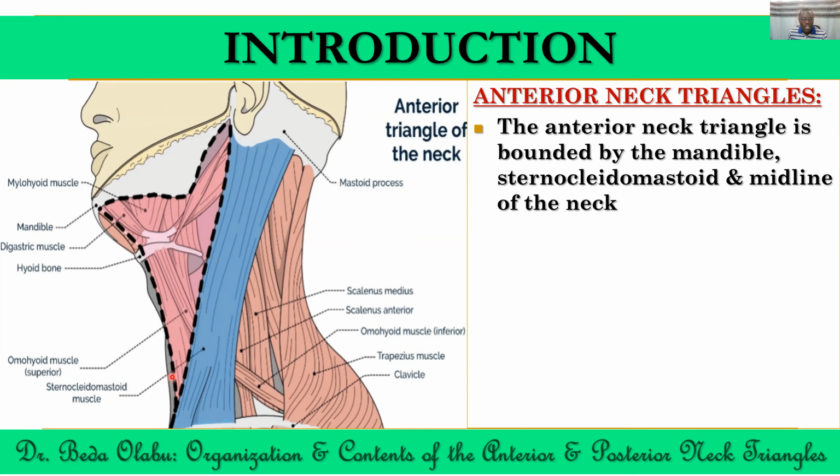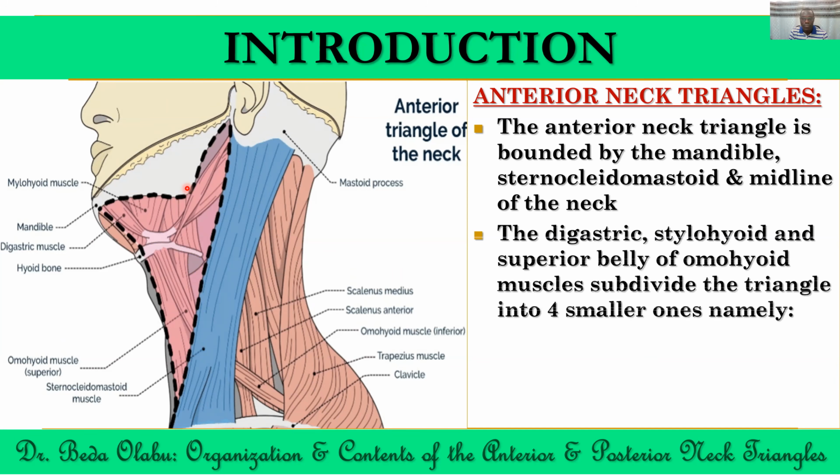We have the midline of the neck. And we have the inferior border of the mandible. So those three basically define for us the territory of the anterior neck triangle.